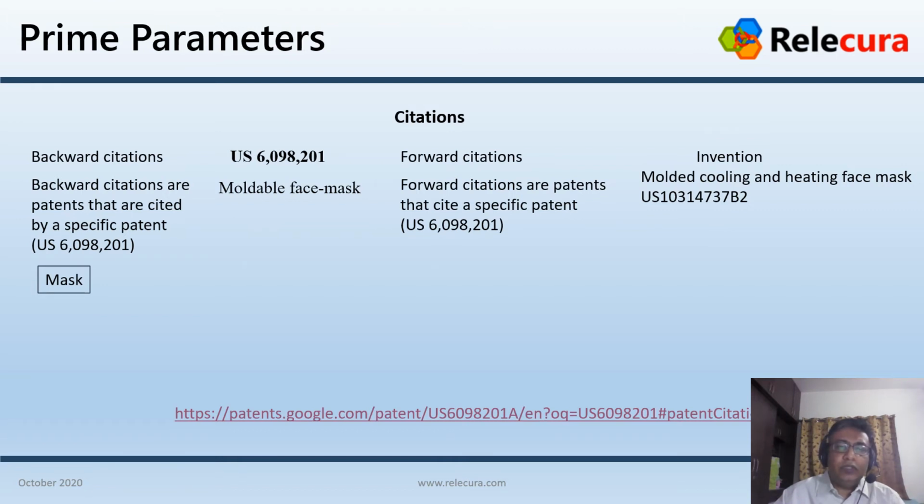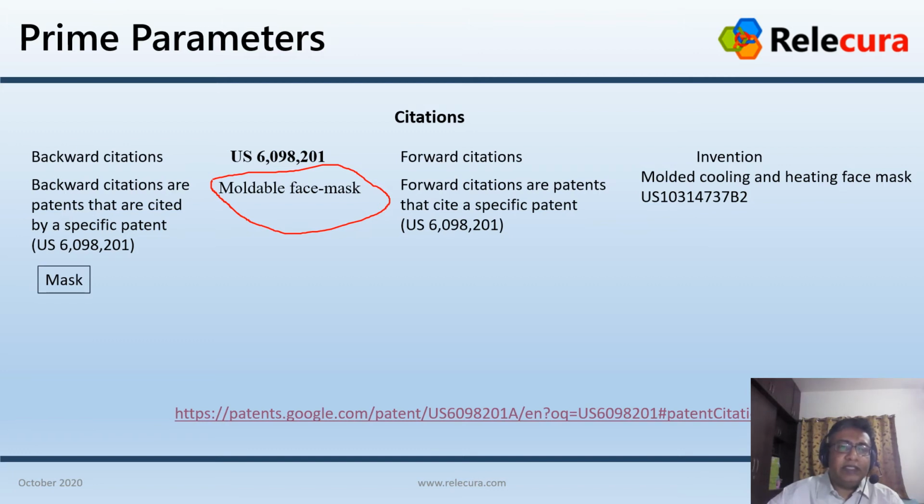So suppose you have an invention which is related to a moldable face mask. So this is your invention, which is talking about a moldable face mask. In order to make this invention, you must have referred to the problems which are there in earlier available masks.